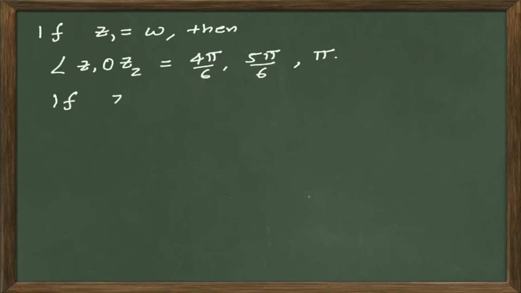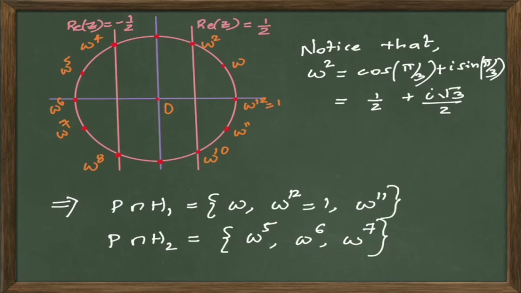Therefore, if Z1 is equal to omega to the power 12, which is equal to 1, then the angle Z1 O Z2 can be, if Z2 is equal to omega to the power 5, then the angle will be 5 pi by 6, whereas if Z2 is equal to omega to the power 6, then the angle is pi, and if Z2 is equal to omega to the power 7, then the angle is 7 pi by 6.